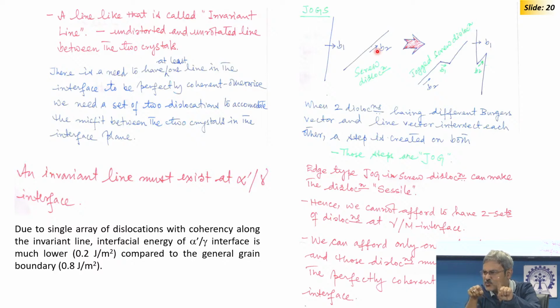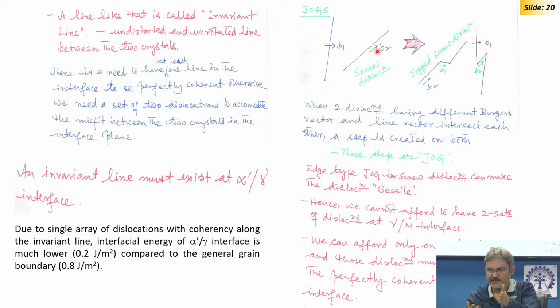Edge and screw would intersect with each other, and we have learned in the dislocation theory course something called a jog. A jog is a step in the dislocation line that takes the dislocation out of its original plane. So, if I have a plane where there is an edge dislocation line and a screw dislocation line, the screw dislocation will have a jog. Part of it will now be out of its original plane, and the nature of that jog is often edge type.